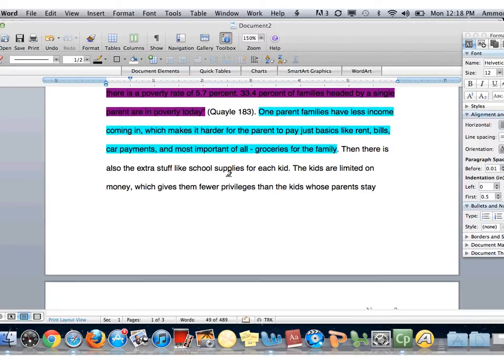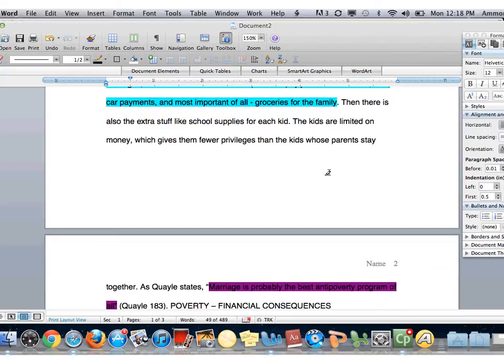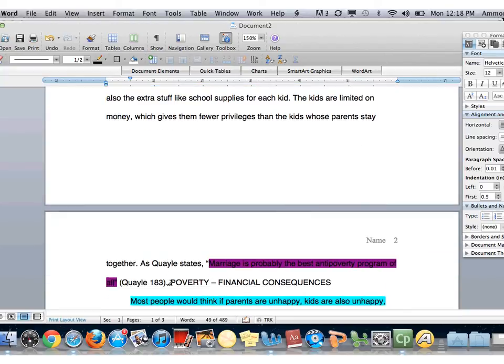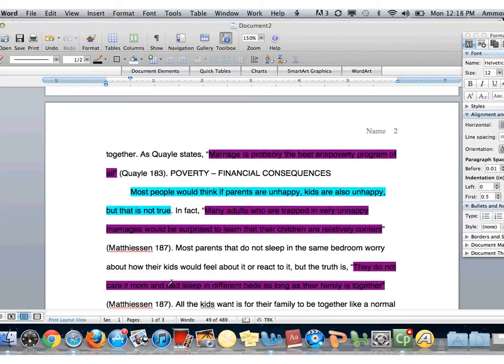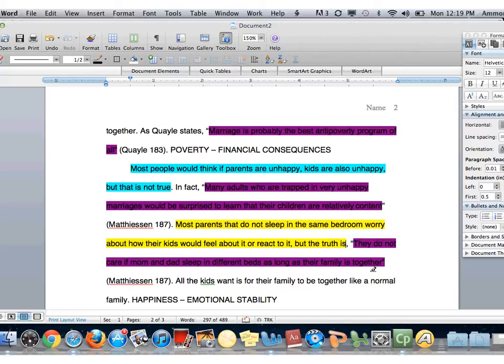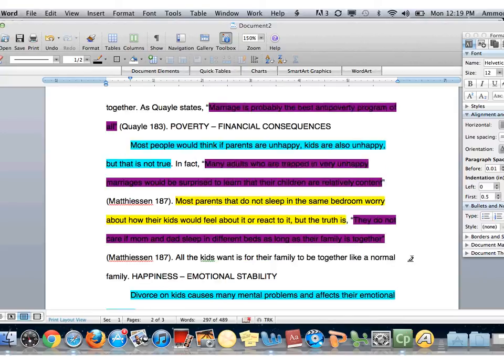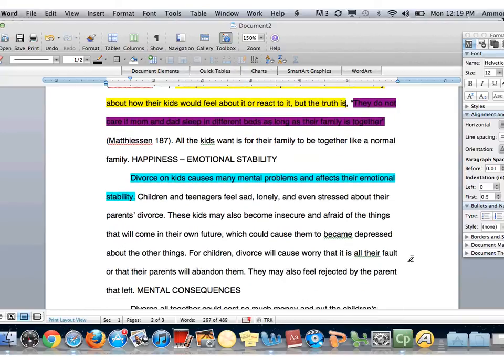Let's see. Okay, most people or most parents worry about this particular type of behavior. This is background to help us understand why this quote matters.